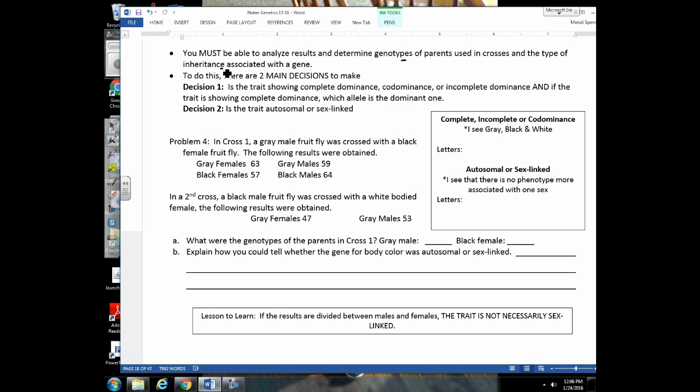So before you tackle these problems, there's really 2 decisions that you have to make. You have to take a look at the results here, and you need to make these 2 decisions. You're going to see that these decisions are very similar to the decisions we made when we were solving pedigrees and figuring out the genotypes of people in a pedigree. Remember the pedigree with the circles and the squares? The family trees, basically.